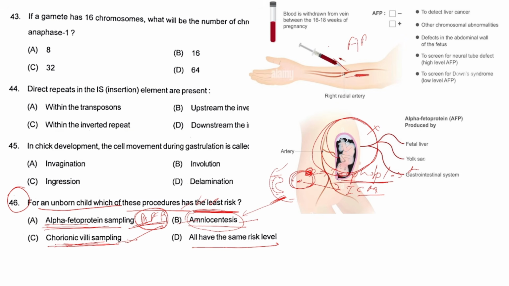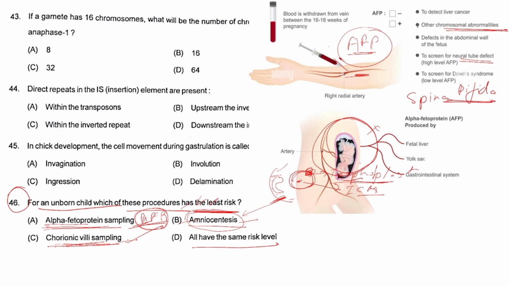We get to know about the disease condition of the fetus. It can help to detect liver cancer of the fetus, chromosomal abnormalities can be detected, and also spine tube defects can be detected, particularly a condition called spina bifida.